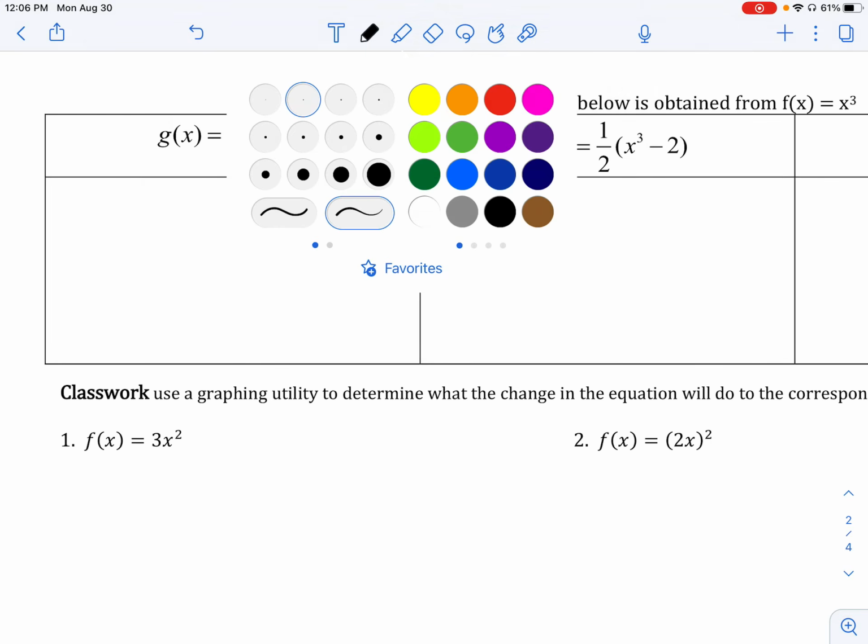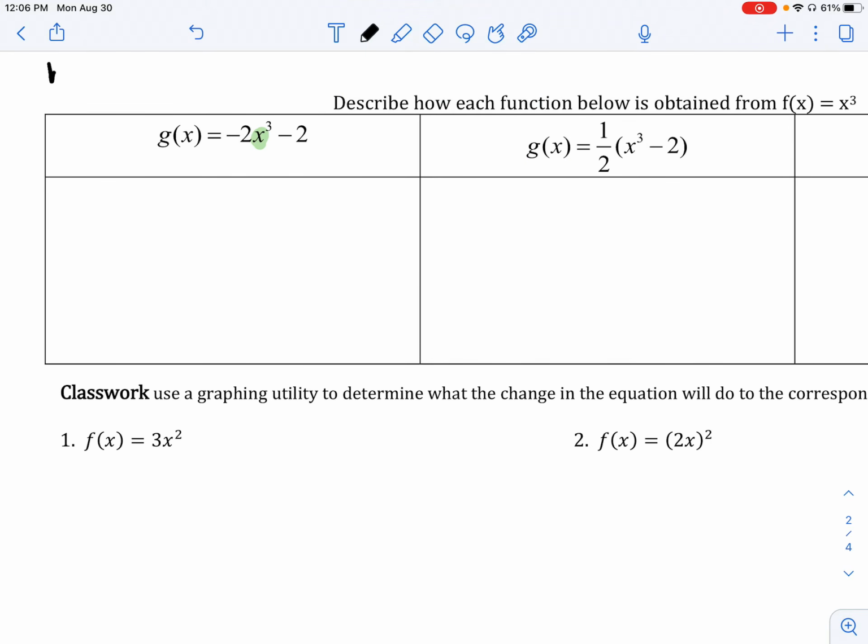In other words, I would recommend starting with horizontal first, and following the order of operations. That is to say, do the stretches and shrinks first, and then go with any reflections, although you'll see in a bit that that doesn't matter too much, and then any shifts.